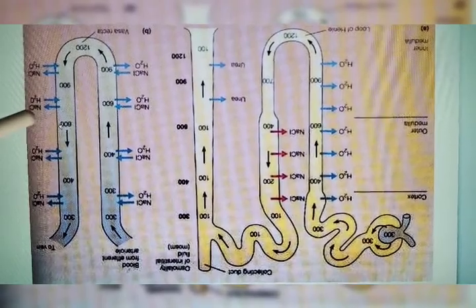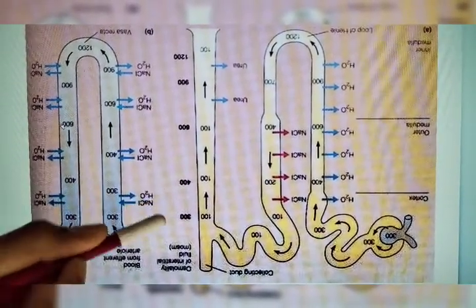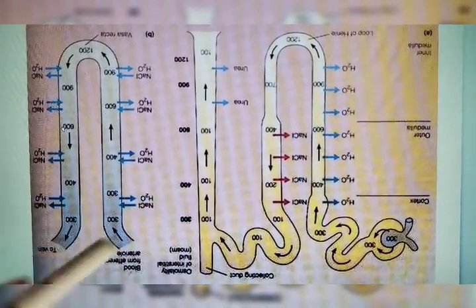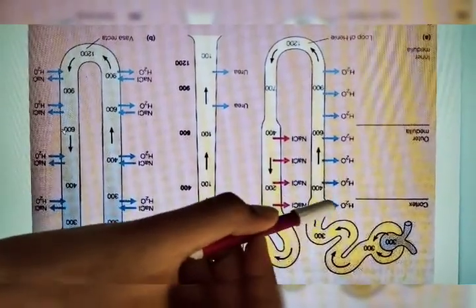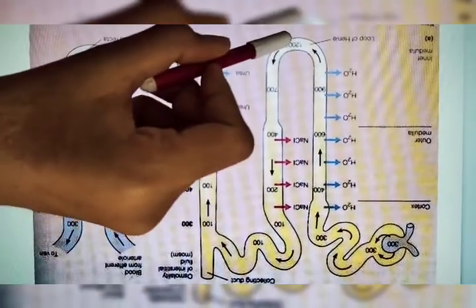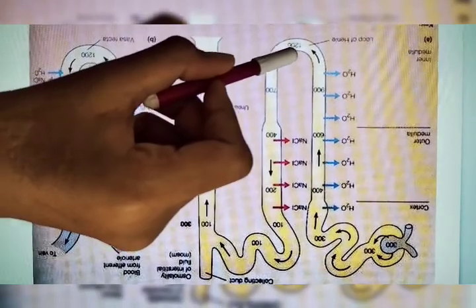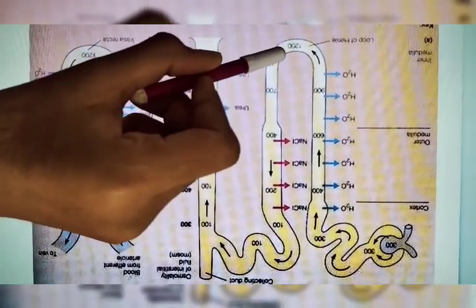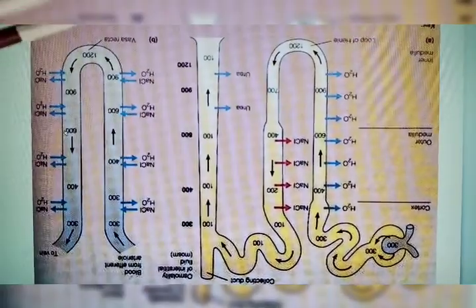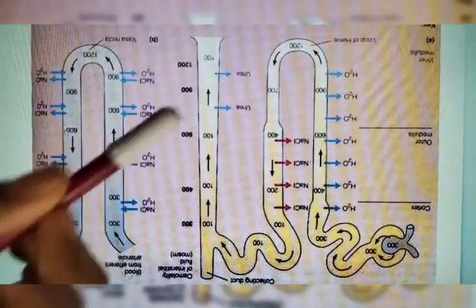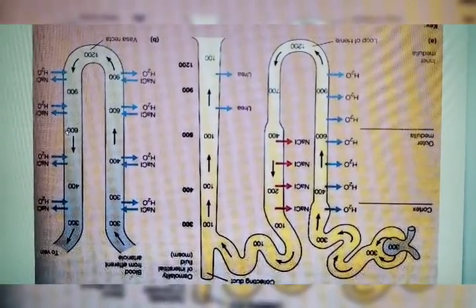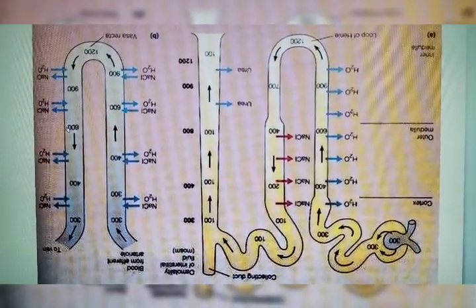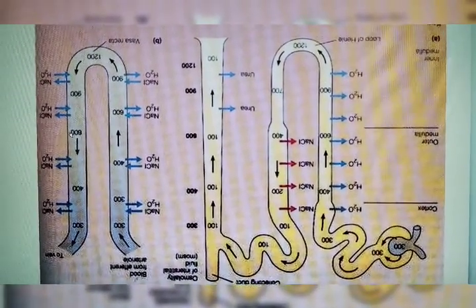So the solute concentration in the interstitium increases. As it moves down, the osmolarity is 1200, indicating the increase in solute concentration. That is why our urine is also concentrated. That's it, the countercurrent mechanism.